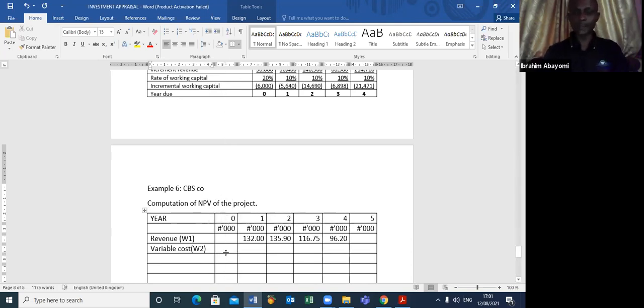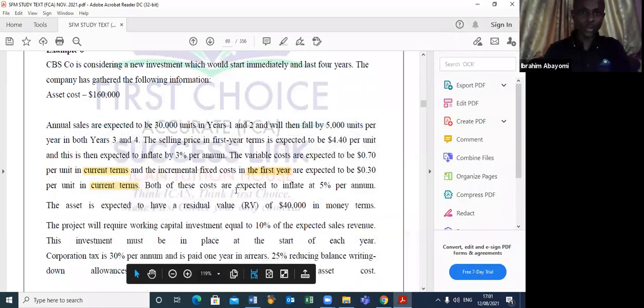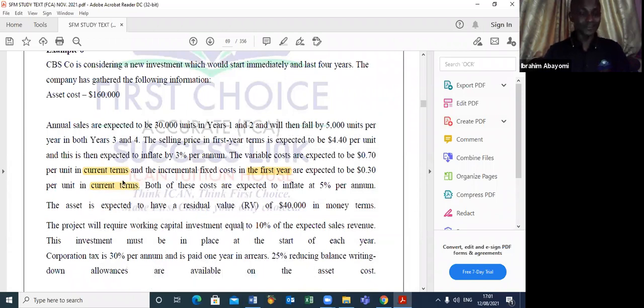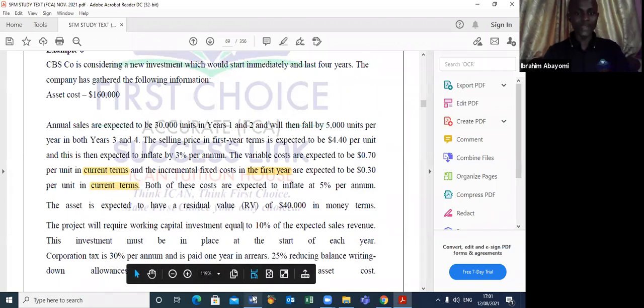So let's go there. Now we are told that our variable cost is expected to be 0.7 per unit in current term. In current term, so our inflation should start from year 0. So what will I do?